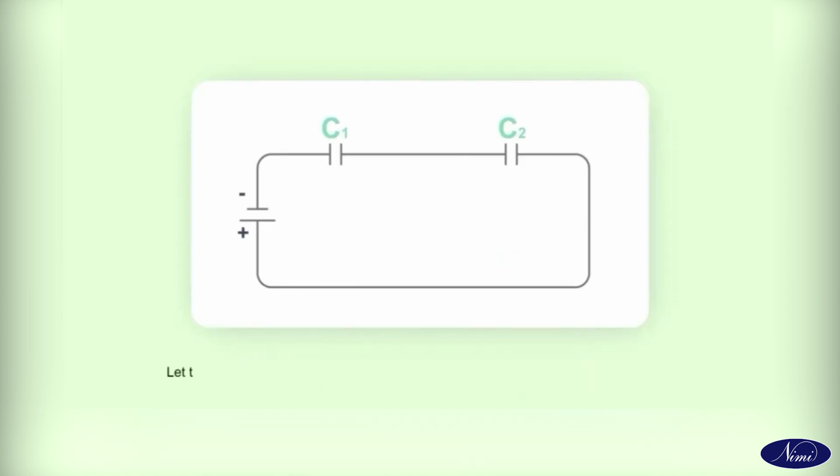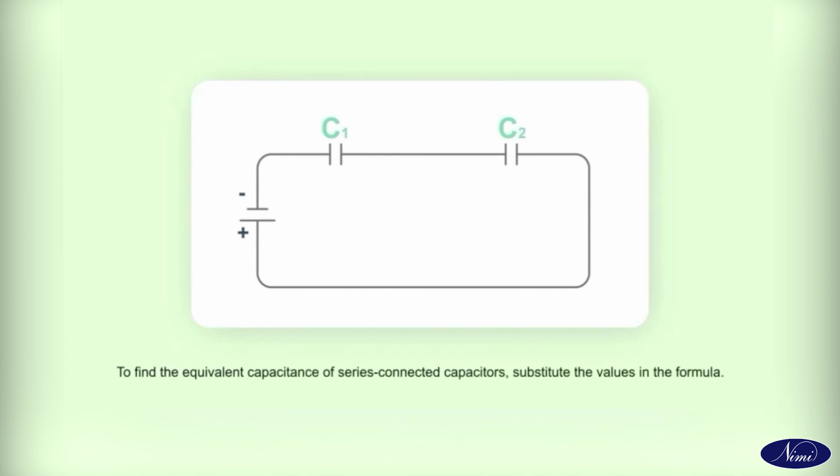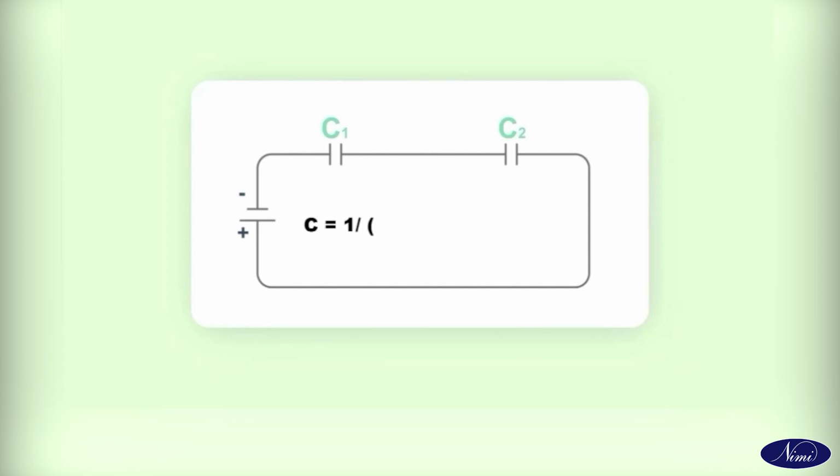Let the values of the two capacitors C1 and C2 be 2 and 4 microfarads respectively. Connect them in series. To find the equivalent capacitance of series connected capacitors, substitute the values in the formula: C is equal to 1 divided by (1 divided by C1 plus 1 divided by C2).